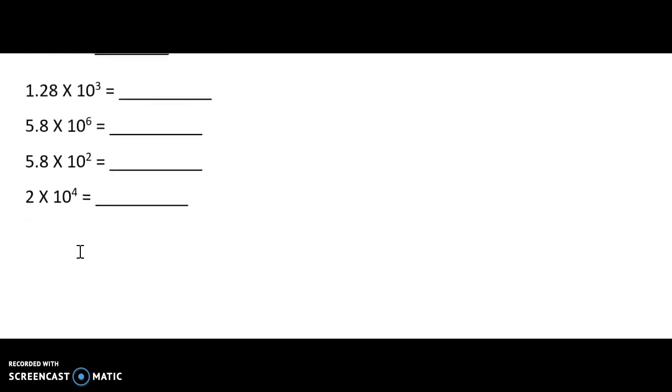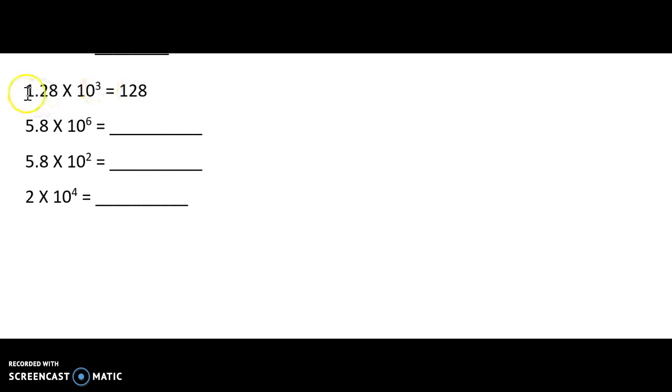What if you are given scientific notation and you want to express that as a regular number? How would you do that? Well, in that case, you want to start with the number you're given, the coefficient, and write 1, 2, 8 out. And then we have to shift the decimal over by that many places.